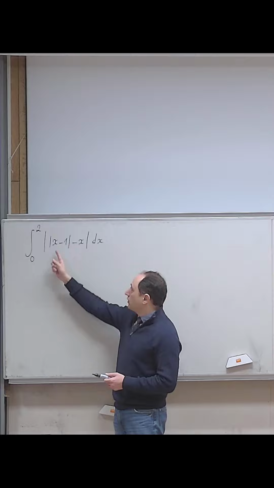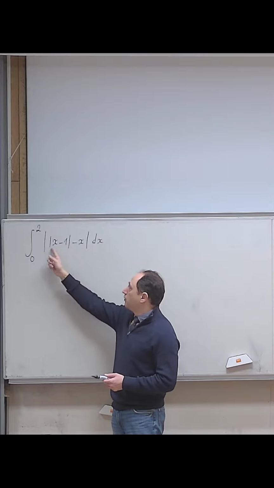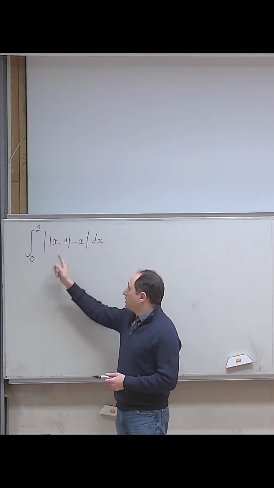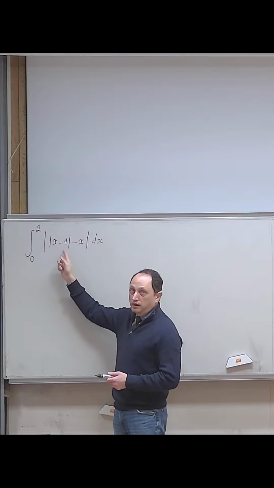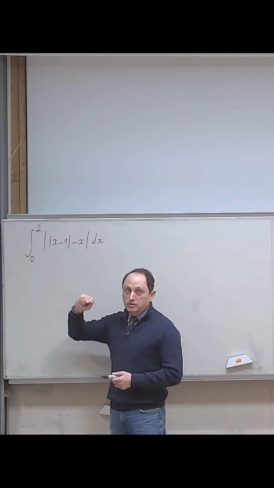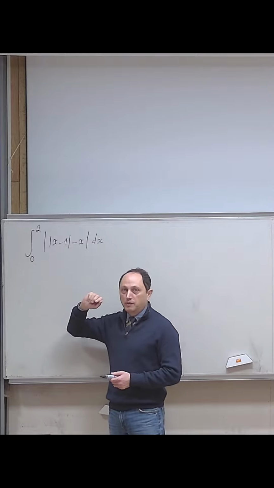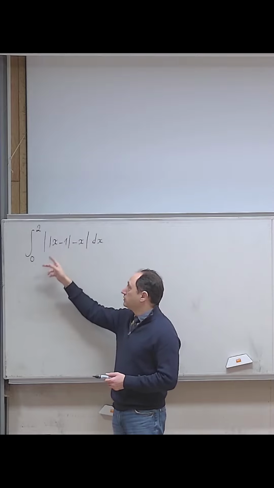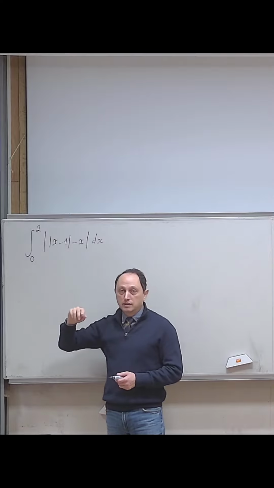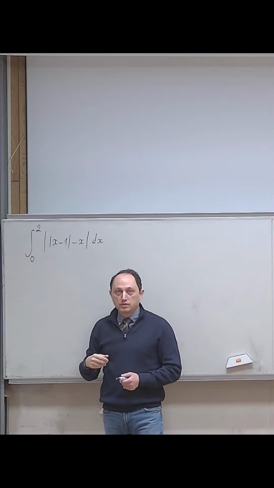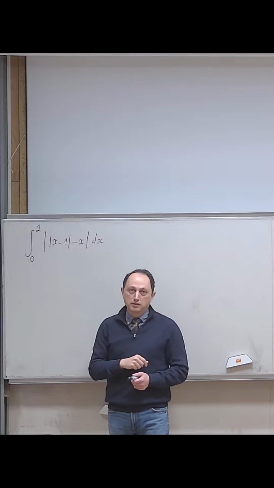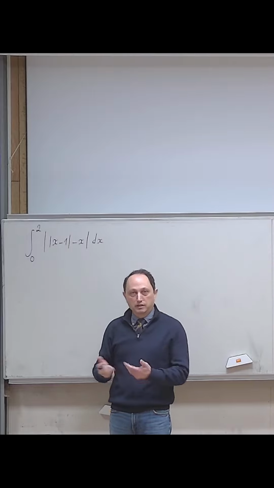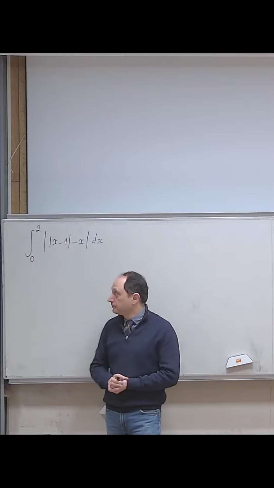So let us start to get rid of the one inside. If x is greater than 1, then x minus 1 is positive, so I can simply remove the absolute value sign, and if x is less than 1, x minus 1 is negative. I can remove the absolute value sign, but the price that I have to pay is to multiply the expression by a minus sign by the definition of the absolute value.